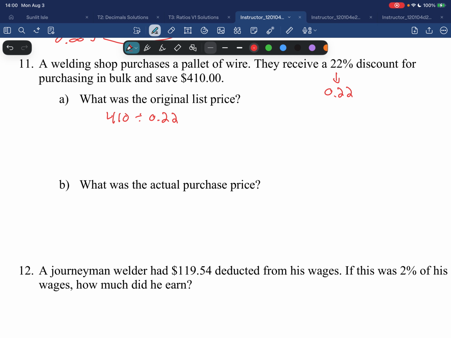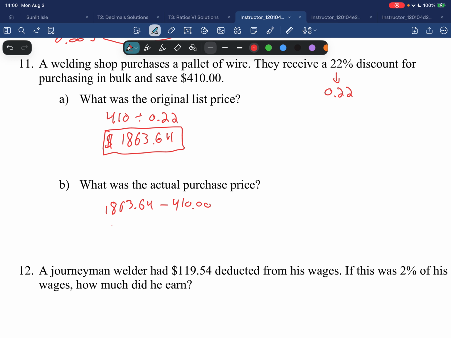So 410 divided by 0.22, I get an original list price of 1863.64. I'm going to round that up. So that is my answer here. And now, what was the actual purchase price? This is where I'm going to take my 1863.64 minus 410.